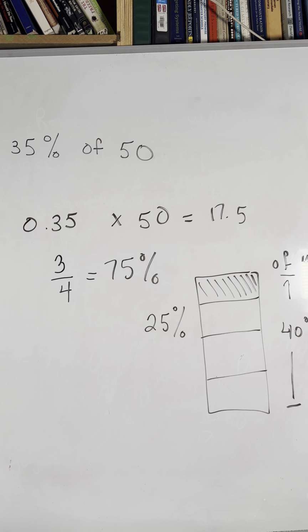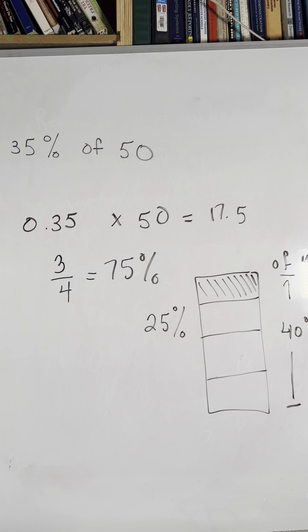Okay, so when we're dealing with percents, it is important to realize that before performing calculations with percents, be aware of the fact that we generally will change the percent into its decimal equivalent.